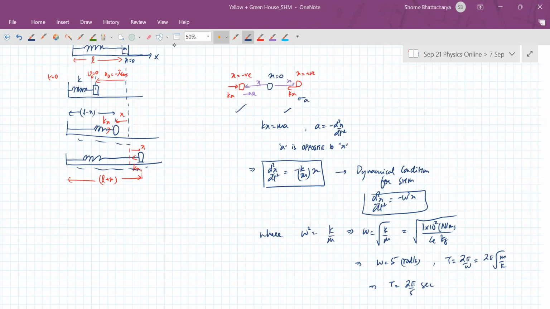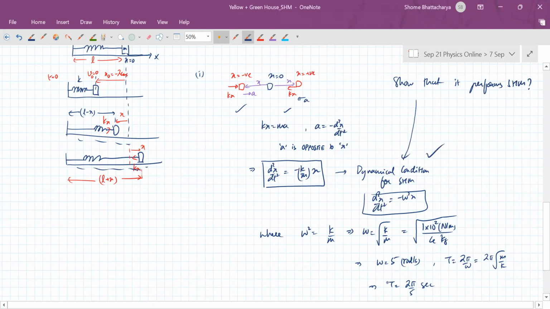Okay, so that is the first part. So that it performs SHM. So answer to that is this. It satisfies the dynamical condition.